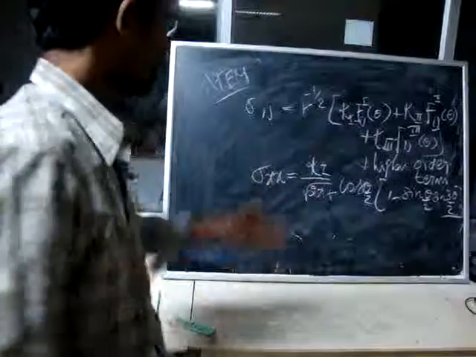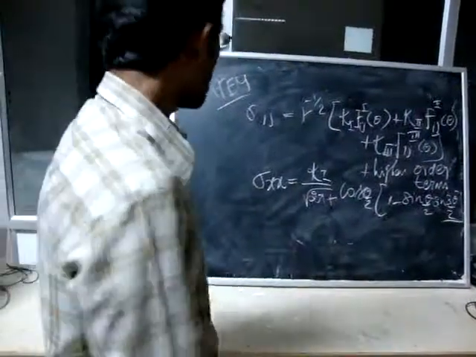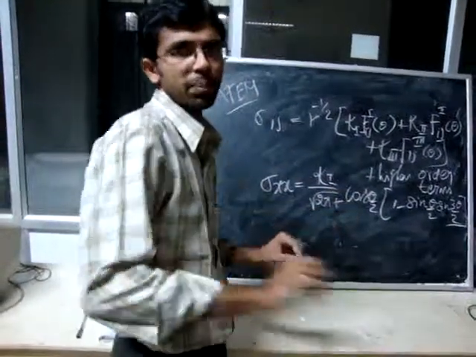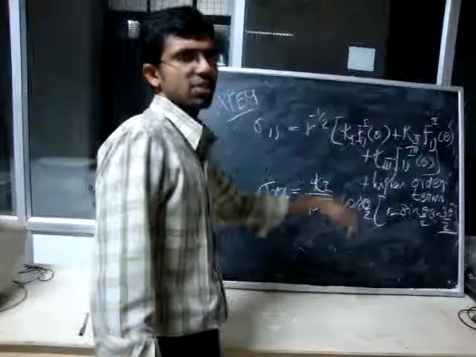For sigma yy, I will have 1 plus sin theta by 2 sin 3 theta by 2. Here r is the distance from the crack tip, so once I get to know the stress field, I will be able to find my stress intensity factor.